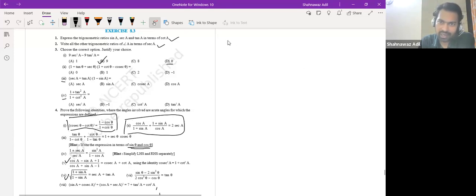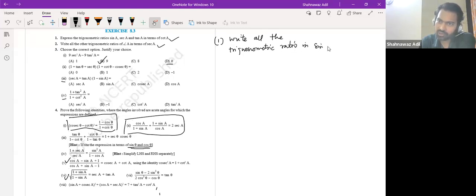Yeah. And the idea of this exercise is to write all the trigonometric functions or ratios in sine and cos. Whenever it is given, this is the first idea: when we don't know anything about it, we write all the ratios in terms of sine and cos only, and then we simplify.